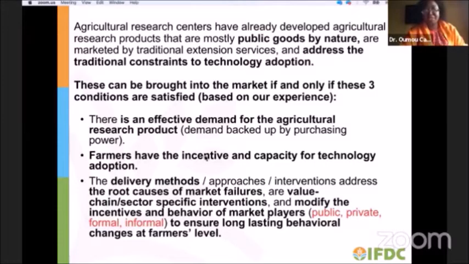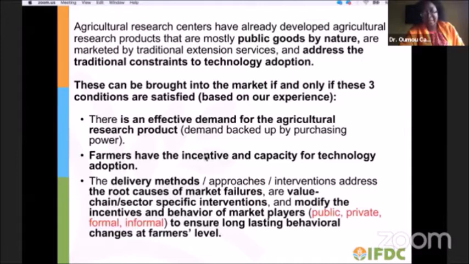like to use the context that we are in right now, where research centers have developed research products, which are mostly public goods by nature and are marketed using traditional extension services. I mean by that, the typical extension services available at both the local level and provided by several institutions, and to address the traditional constraints to technology adoption.